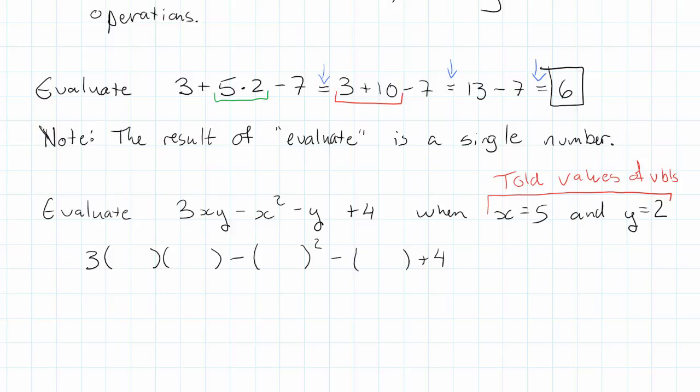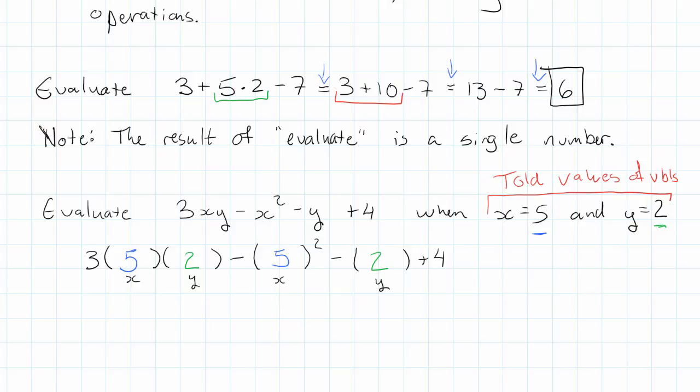And if you have several variables, you might put a little label underneath each set of parentheses, just so you remember which value to fill in. Now take your 5 and fill it in every space labeled X. Take your 2 and fill it in every space labeled Y.